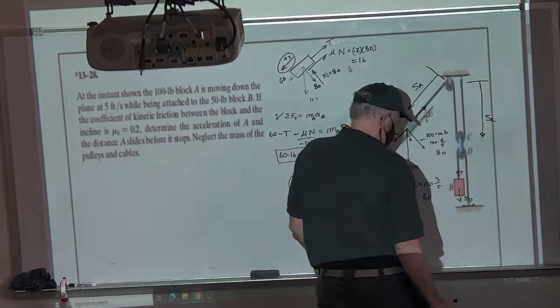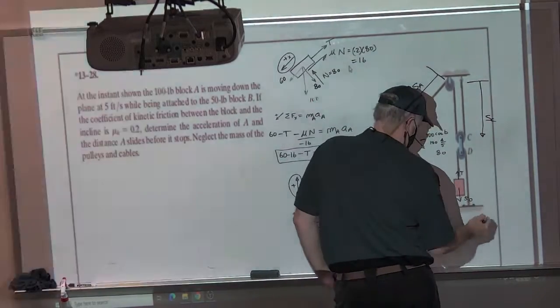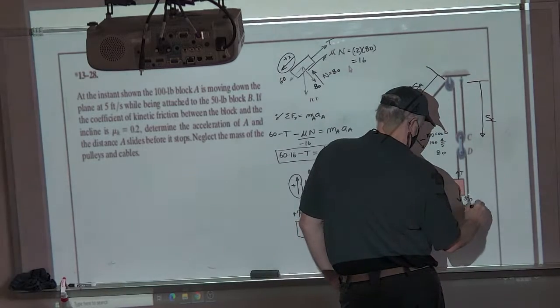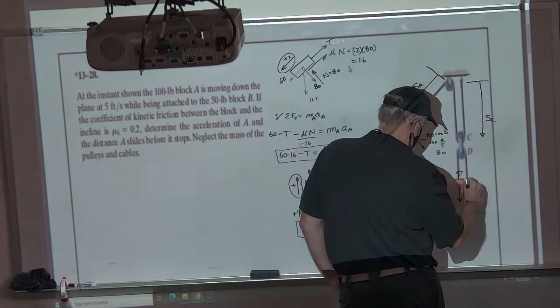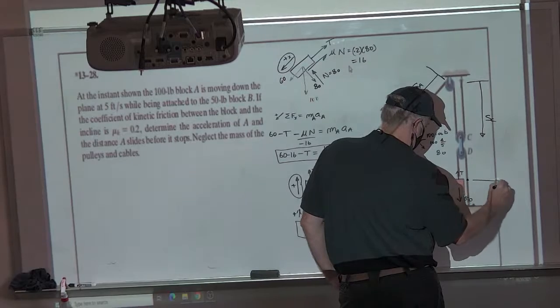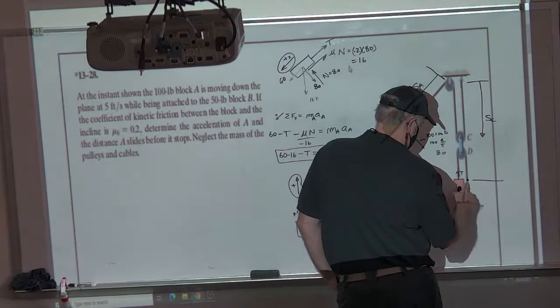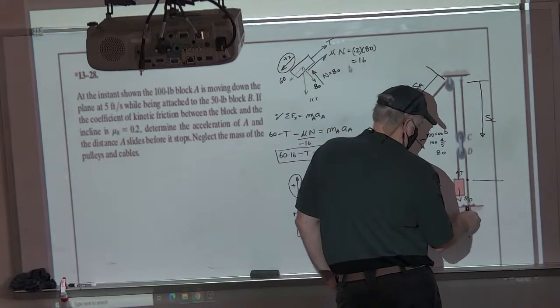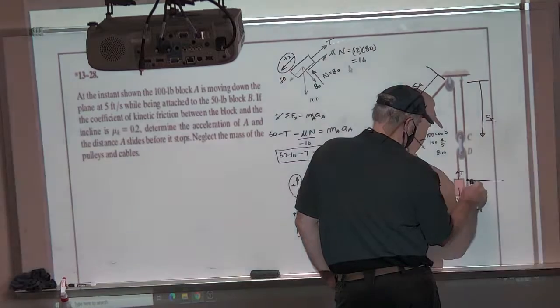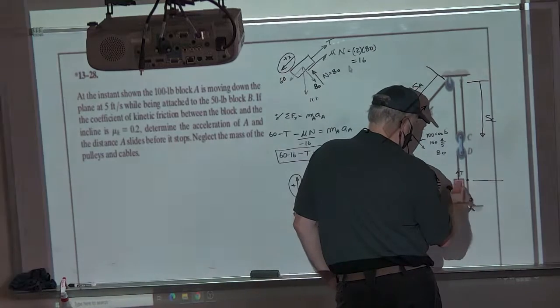Now, S of C. I can take it from here, but I'm just going to take it from this imaginary place right here on the rope. The distance from here to here, this bolt could be put right there, as long as the bolt didn't interfere with the block.